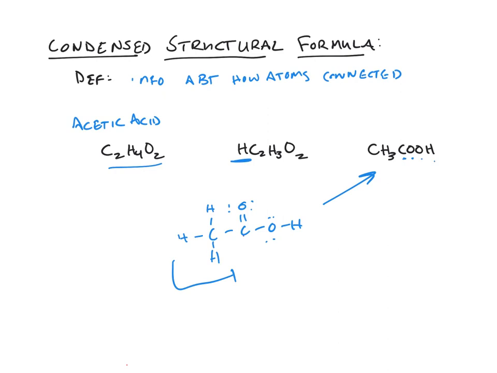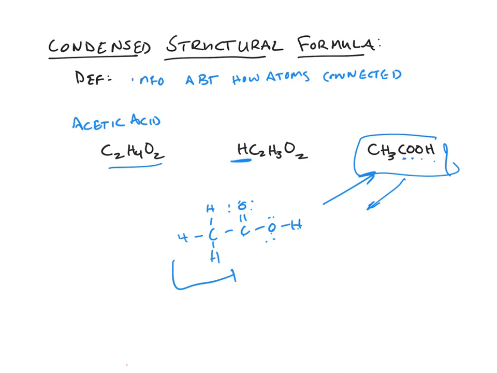So I have a carbon connected to an oxygen, another oxygen, and then that oxygen is connected to a hydrogen. So CH3COOH is what we call the condensed structural formula for acetic acid, because it tells me how those atoms are connected together in space. Okay, it tells me what's connected to what.